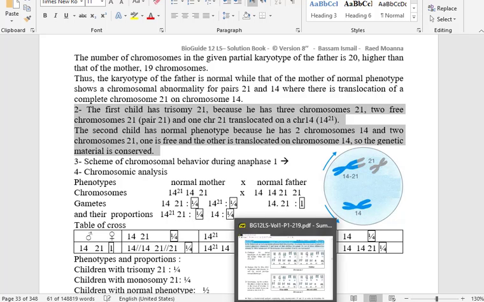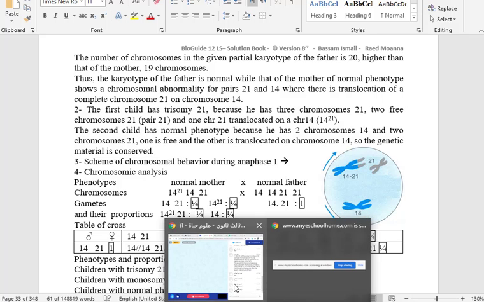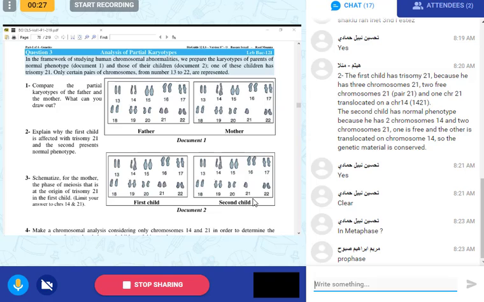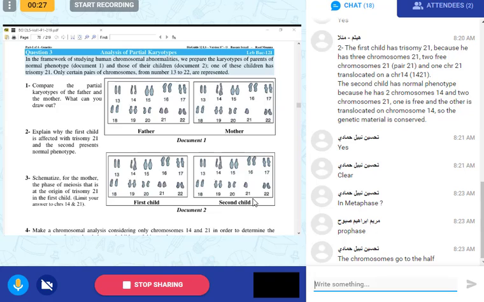In metaphase, the chromosomes just line up at the equator. So here there will be no problem. In prophase, they just become visible in the nucleus. Nothing happened yet. What happens in prophase 1 may be the crossing over, but here there is no crossing over.